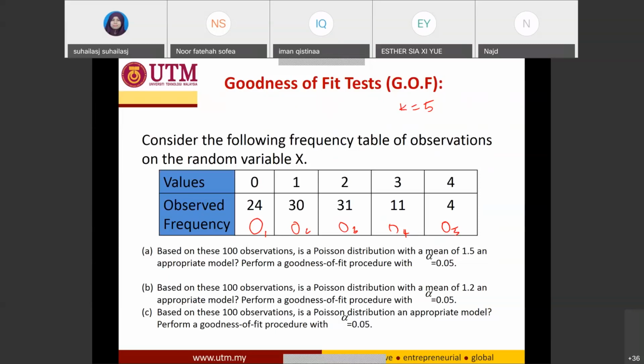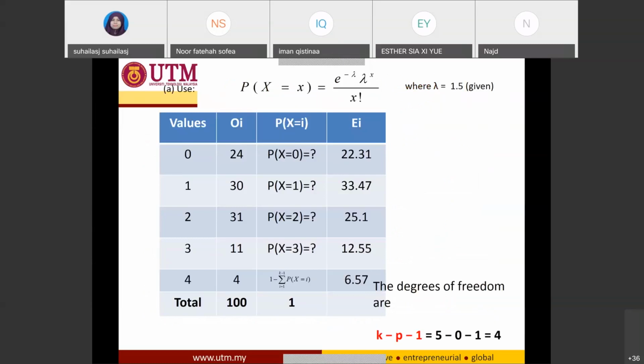Okay, we just look at part A. H0: X follows Poisson with lambda 1.5. Alternative: X does not follow a Poisson distribution with parameter 1.5.